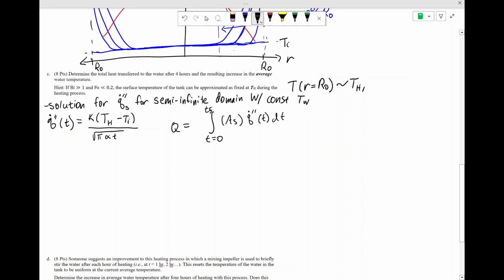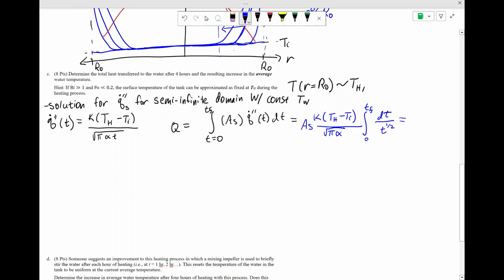So we can rearrange this a little bit and factor out some of the common terms. We have k(TH minus TI) over the square root of pi alpha, and then the integral from 0 to the end of this process of dt over square root of t.